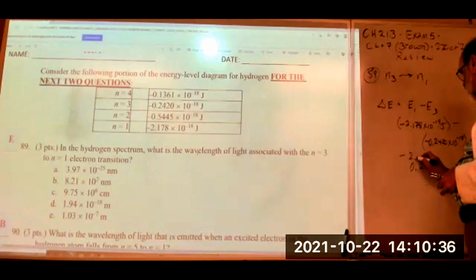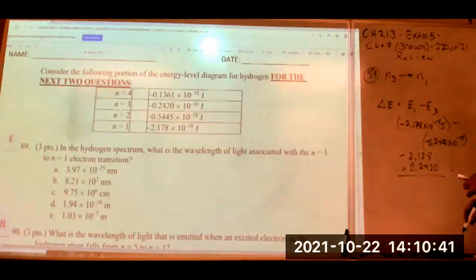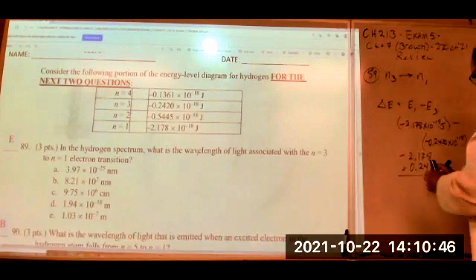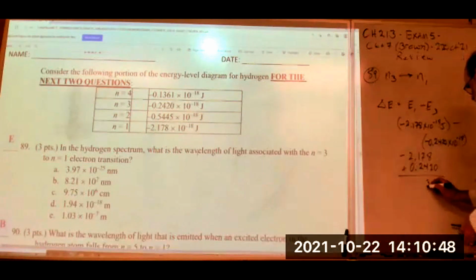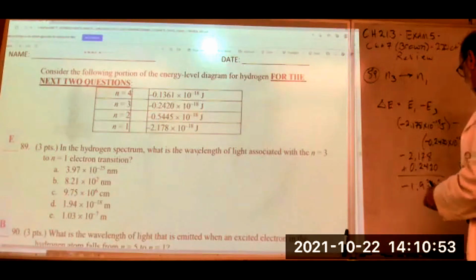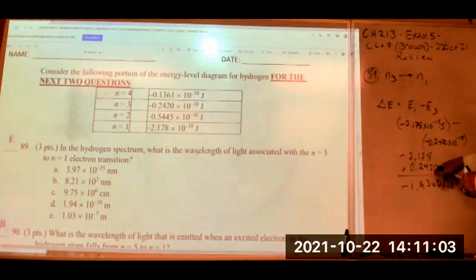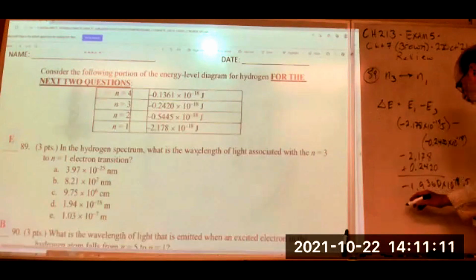And this is a negative 2.178. Okay. So this is going to be, line them up, 0, 6, 3, and that's 9, this is 1. So it's a negative 1.936 times 10 to the minus 18. Right? If I did that right. Let's add it back up. 8, 7, 11. Yeah.